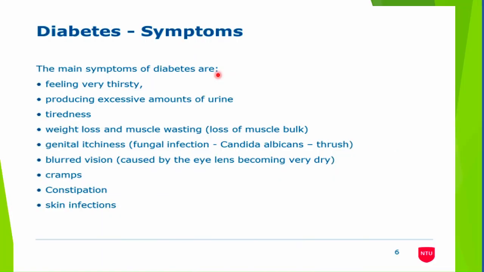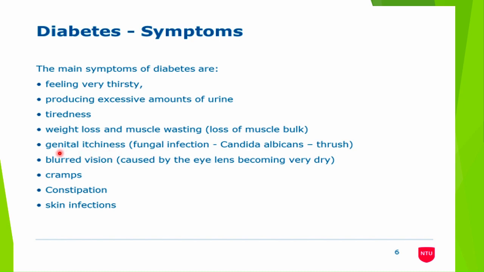So what are the symptoms of diabetes? The main symptoms are feeling very thirsty, producing excessive amounts of urine, and tiredness. The patient also has weight loss and muscle wasting, loss of muscle bulk.